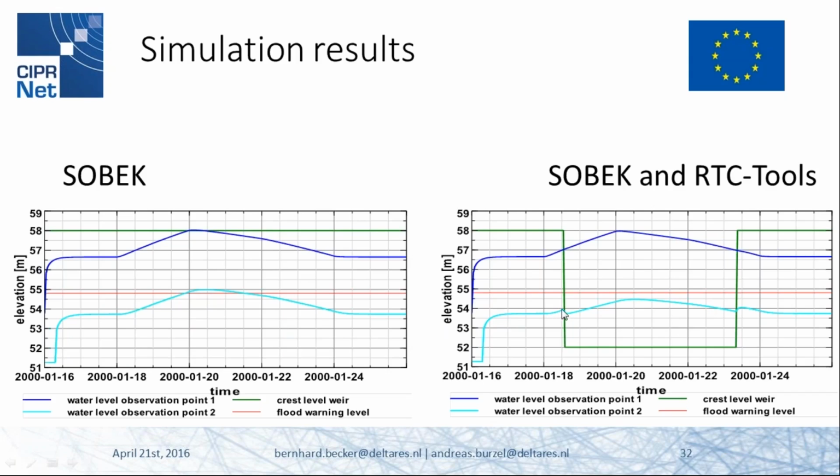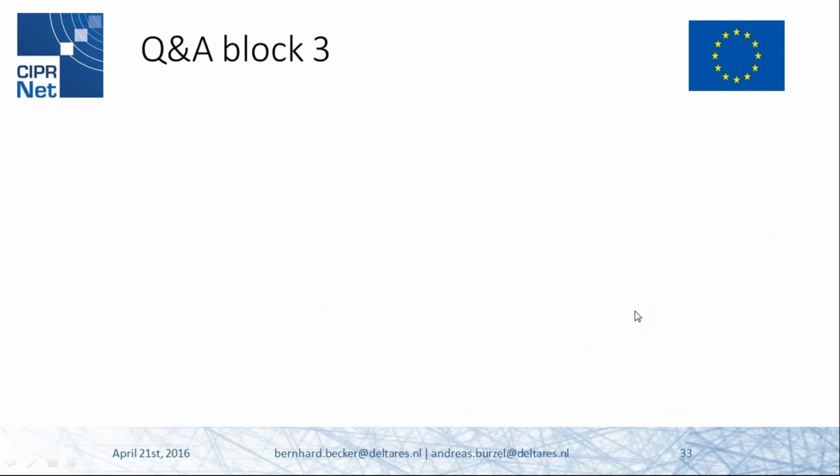You can see here at that point in time when the weir opens, this effect that water is released through this second branch and reduces the water level. So this can be seen here also very well. Okay, that is what I want to show.